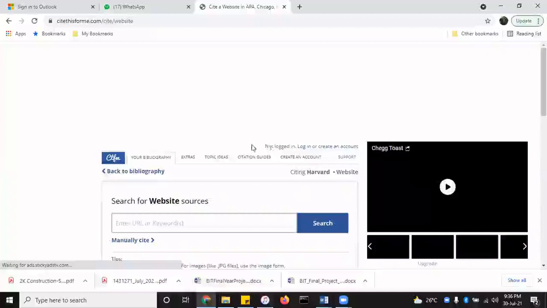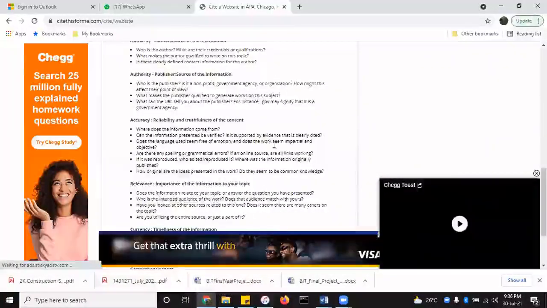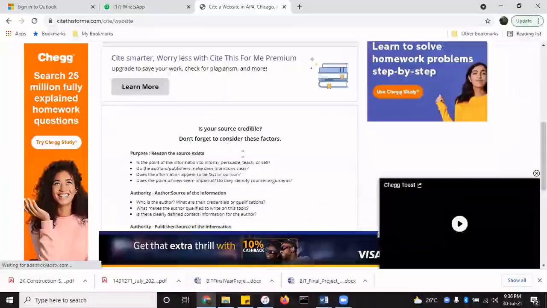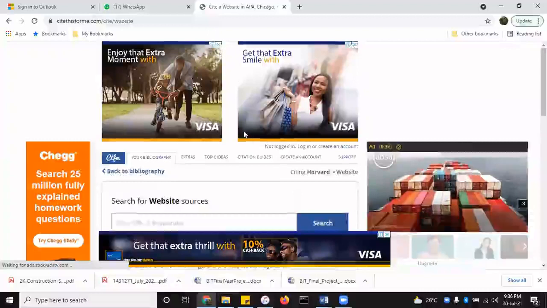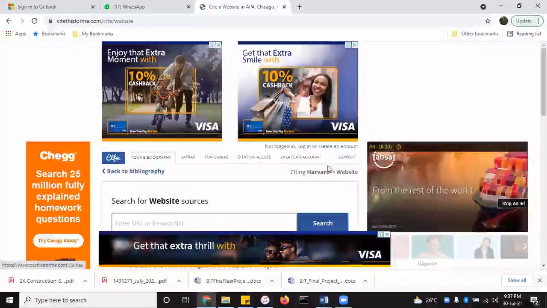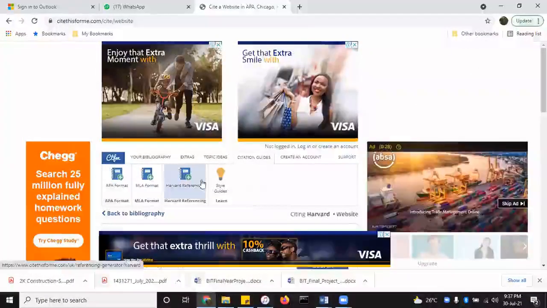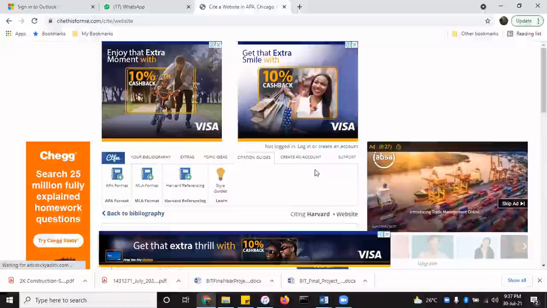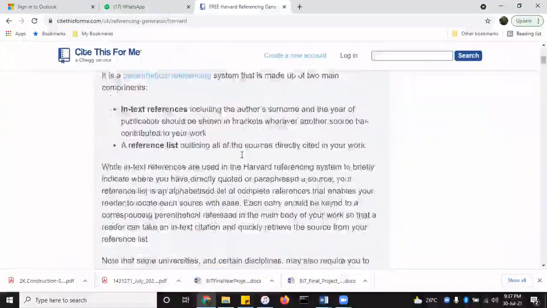It will give you samples of how to go about it. You go through all this, read it, and it will give you examples of how Harvard referencing is done. Go to citations, then citation guides, and then Harvard referencing right here. This gives you a lot more examples.